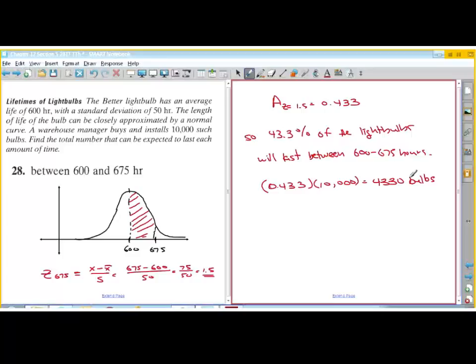You wouldn't want to wait 1,000 hours because most of them would be burned out by then. But you don't want to check them after 100 hours because the probability that anyone is burned out in 100 hours is pretty small. So you have to make some kind of judgment.